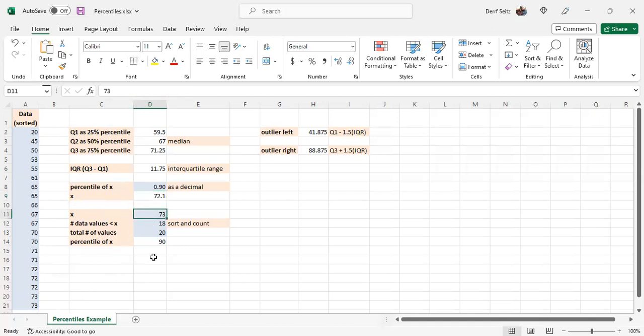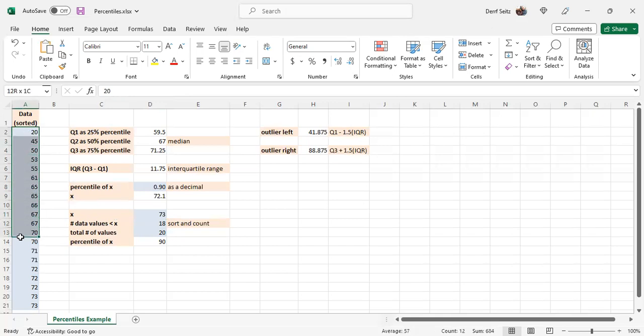Going in the other direction, here we start. We need 3 blue cells. Data needs to be entered. First, an X value itself. We'll enter 73, which is way down here, and there are two of them. Enter a 73. Next, the number of data values less than X. To get that, that's why you need the data sorted.